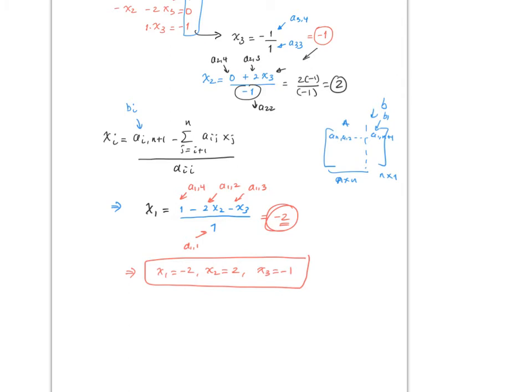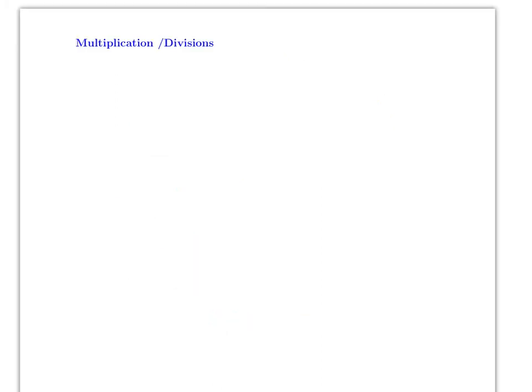And by cost, we mean how many multiplications and divisions it is going to cost to solve the problem. Let's look first at the multiplications and divisions, like how many of them are required.